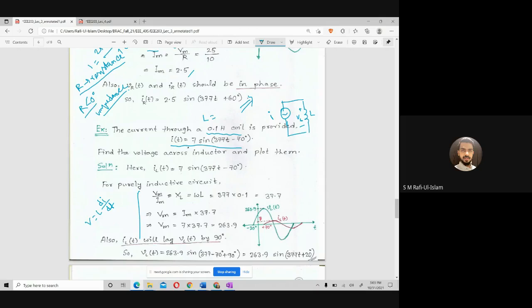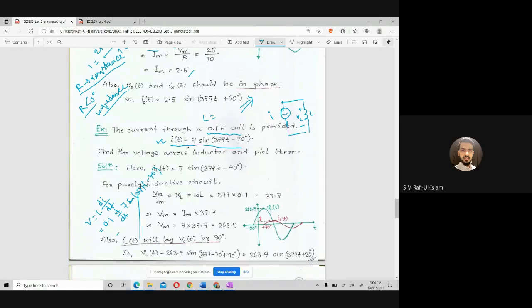But in this case the current is given. All I have to do is find the expression for voltage, and this is easy. What is the L value? 0.1. I will write d by dt of the expression: 7 sine 377 t minus 70 degrees.